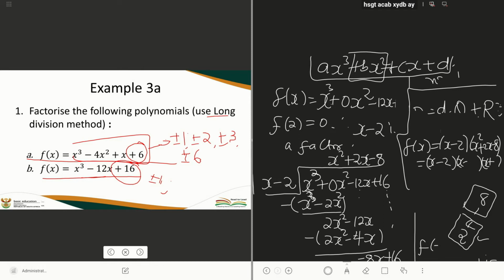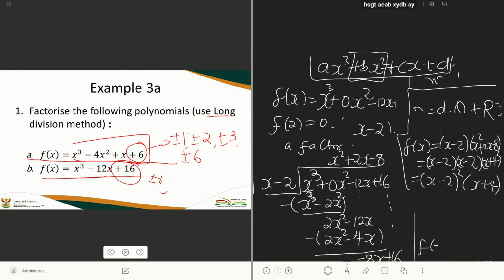Remember now, the bigger factor will take the sign of the middle term. In this case, the bigger factor is 4, so it's going to take the positive sign there. Since the middle term is positive 2, so it's minus 2. Those are the factors. But in short, you can write it as x minus 2 all squared multiplied by x plus 4.